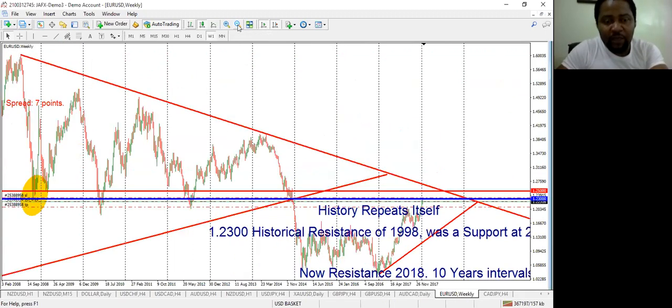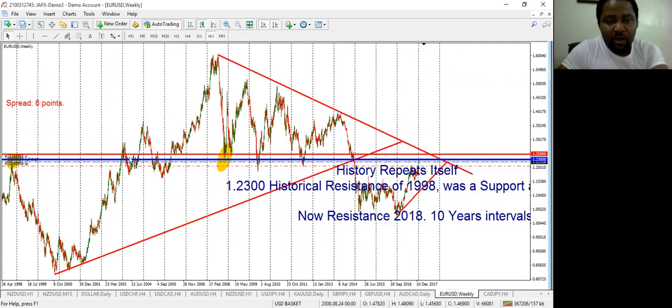What we could see was that 1.2300 was exactly the resistance price. If you zoom in on your chart, I would love you to have the same chart. Exactly the resistance price, this was 1998. Ten years later, the same price rescued us from the global economic recession.